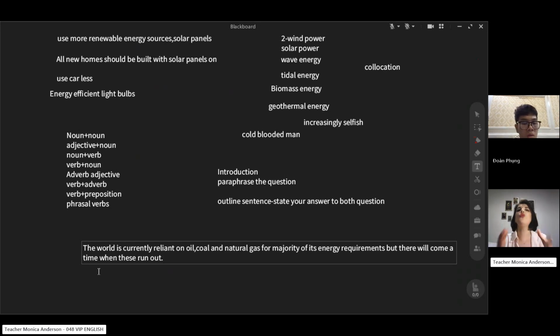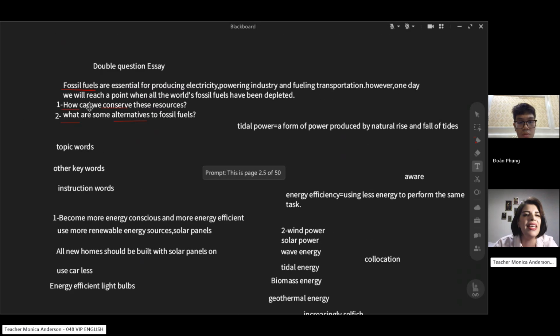But as I told you, the outline sentence states your answer: what you want to write in this essay. So you can say this essay will discuss, first of all, how we can conserve this resource.